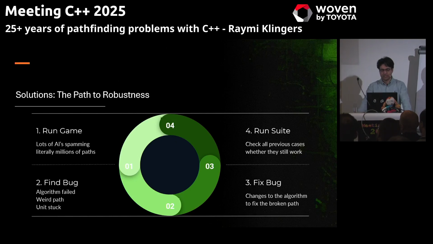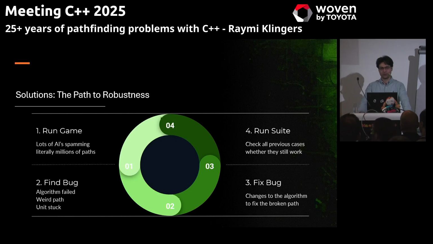So basically my path to robustness was, I would run the game with 8 AI players in a team game against each other at maximum speed. This would result in the AI players generating millions of paths for me. So this sounds like fuzz testing.